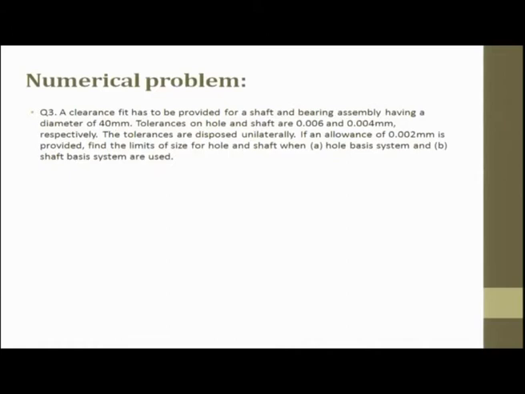The tolerances on the hole and the shaft are 0.006 and 0.004 millimeter respectively. The tolerances are dispersed unilaterally. If an allowance of 0.002 is provided, find the limits of size for hole and shaft when A is a hole based system and B is a shaft based system.